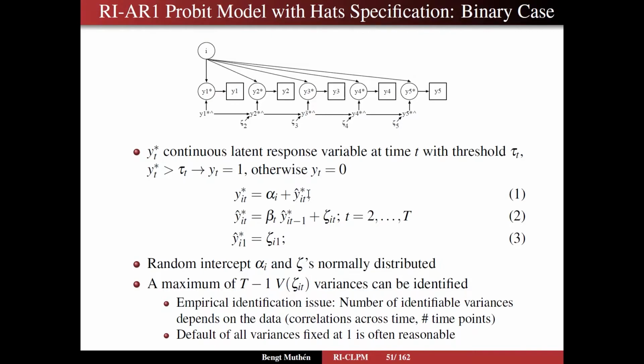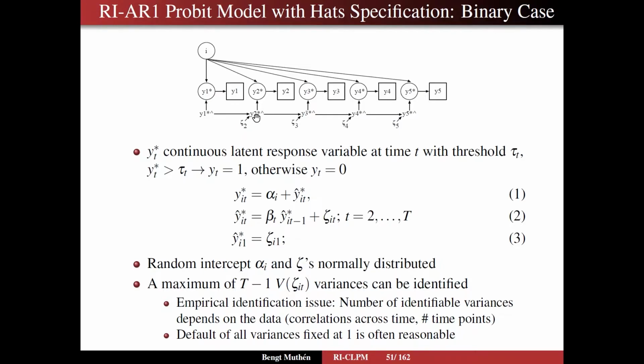And the y hats are then regressed onto each other at the previous time point. So for instance, y2 hat is regressed on y1 hat with the regression coefficient beta, which is the autoregressive coefficient, the slope. So the beta sits here. And then we have a residual z, which is z2 in this case.